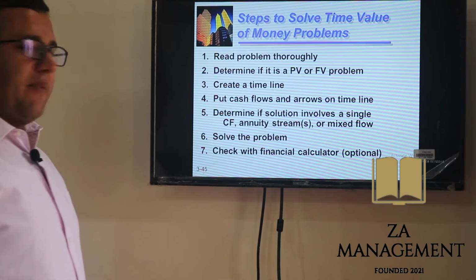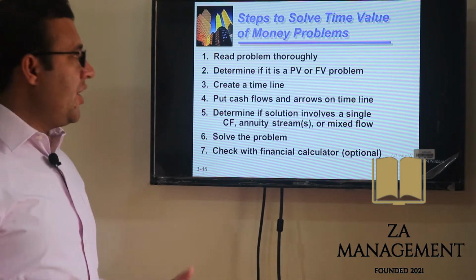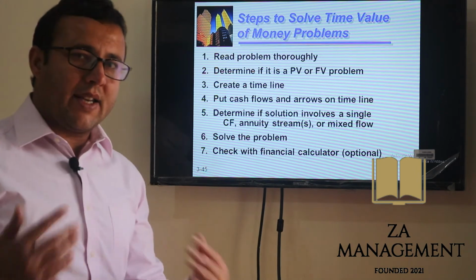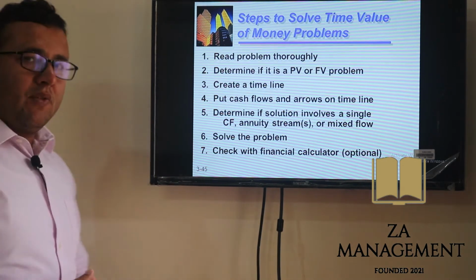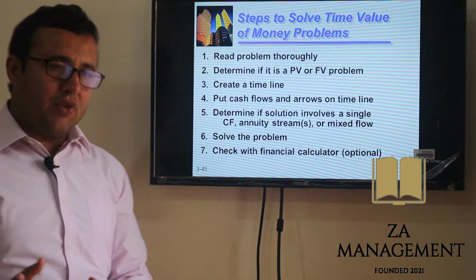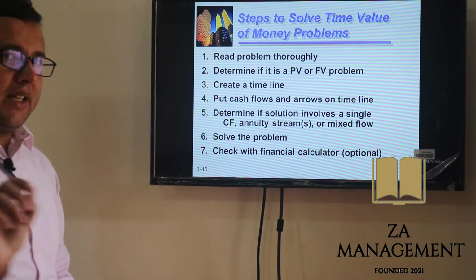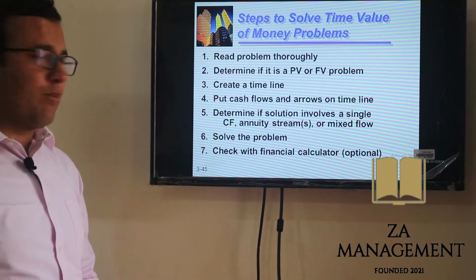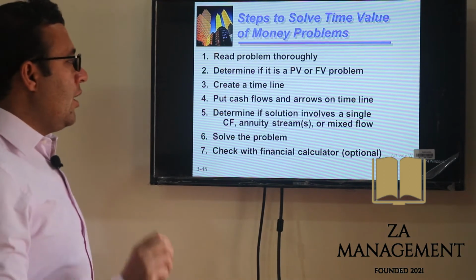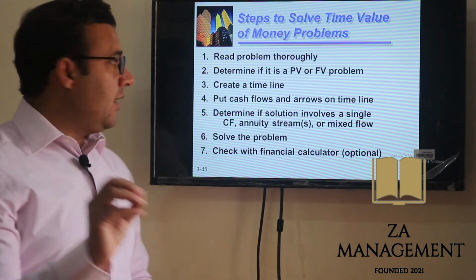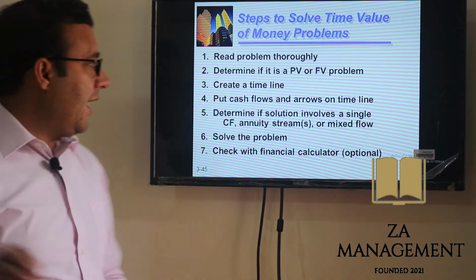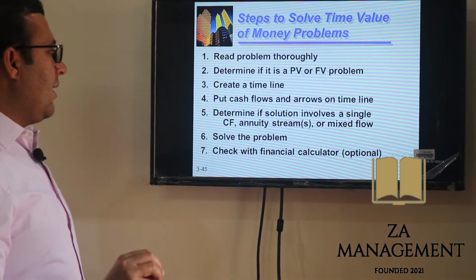First of all, you have to follow step number 1, which is to read your problem thoroughly again and again. Determine whether it is a present value or future value problem, and then draw a timeline. A timeline always makes these problems so simple. Put cash flows and arrows on the timeline at the proper times.